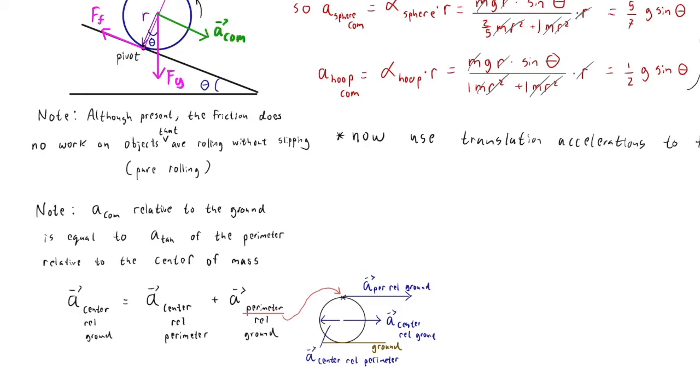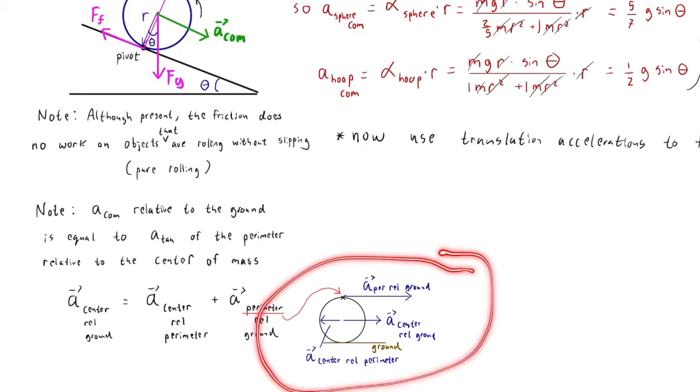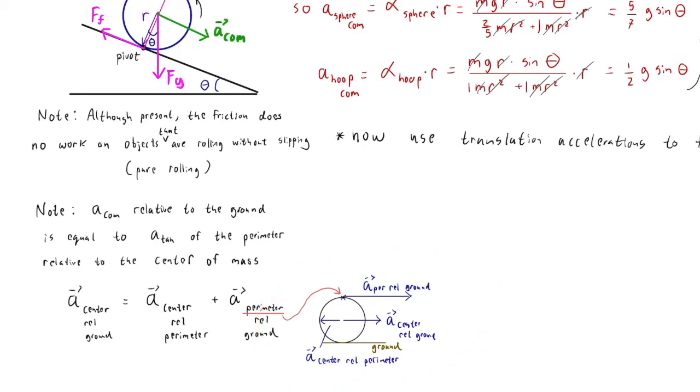All right? So note, the acceleration of the center of mass relative to the ground is equal to the tangential acceleration of the perimeter relative to the center of mass. And this is the same idea that was presented. And that's why we can do this equation right here. Okay? So if this seemed a little fishy, just going from, say, oh, well, translational acceleration is just alpha times r.